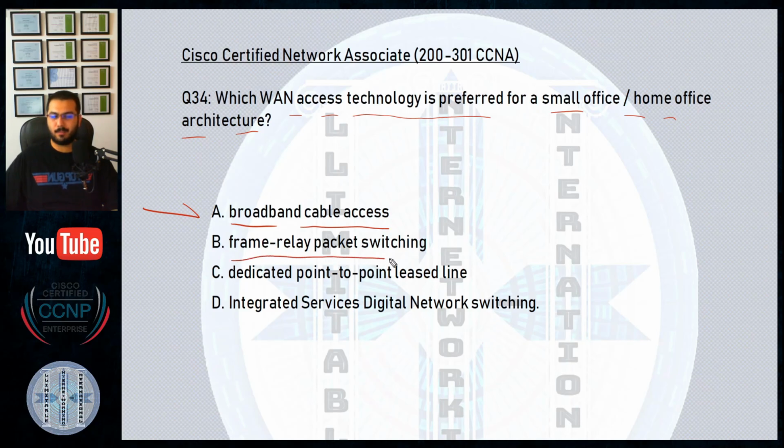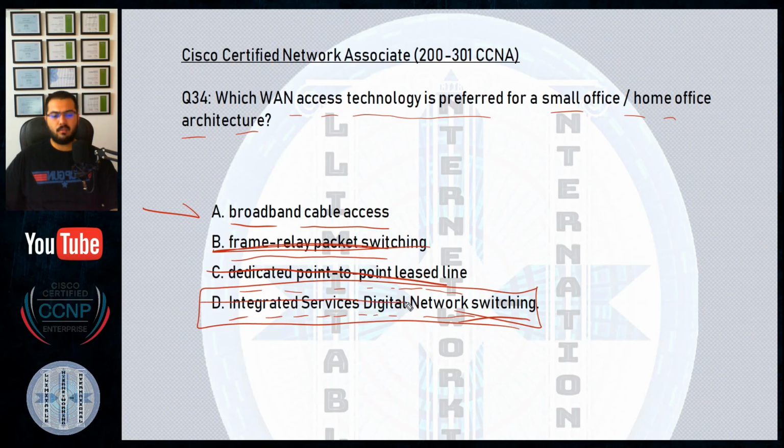Frame relay packet switching, no, this is for multiple companies and multiple offices around the world. A dedicated point-to-point leased line, yes, definitely. How many thousands of dollars will it cost you? Skip that. And integrated services digital network switching, this is something for the government and the institutes of the Ministry of Communication.